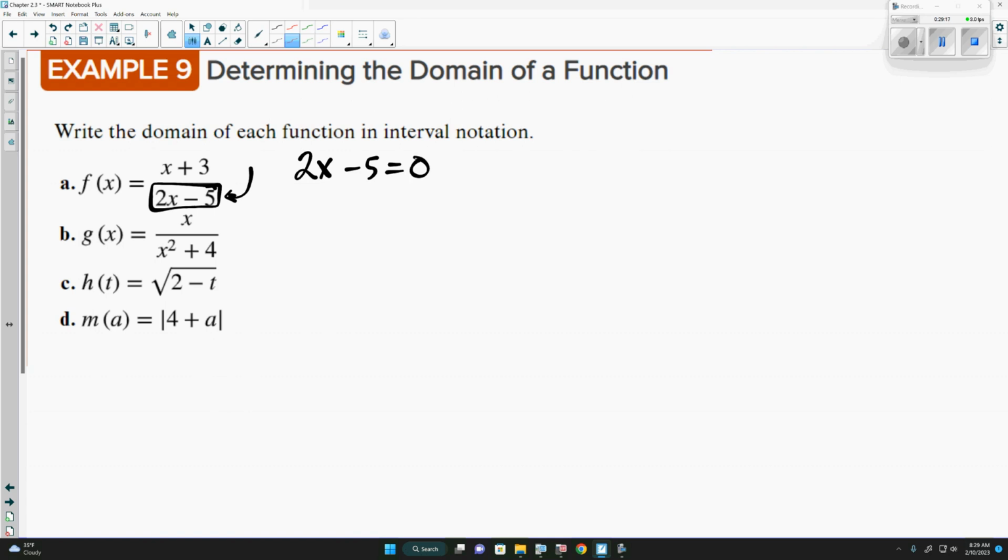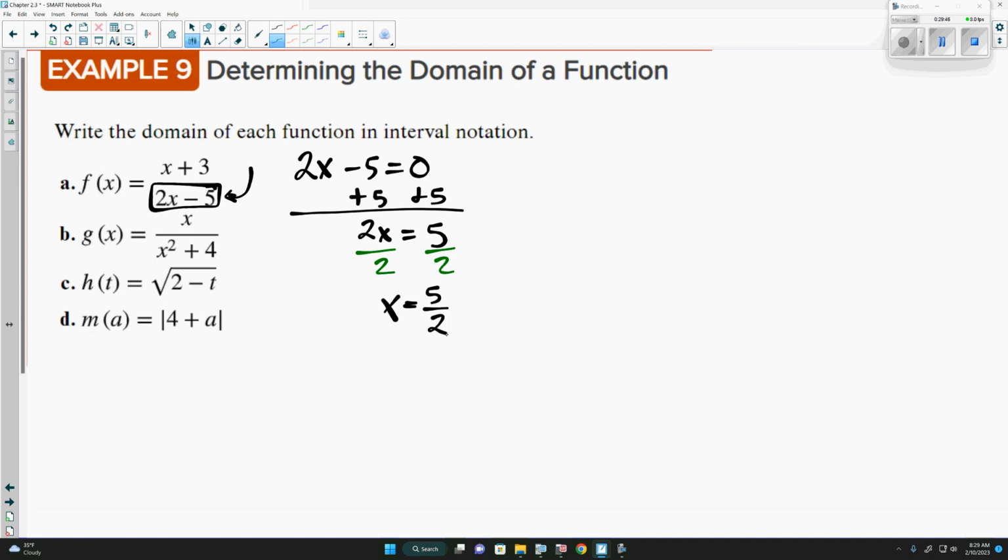So set the denominator equal to 0. Plus 5. And solve. So any other value for problem A will work except for 5/2. Yes?